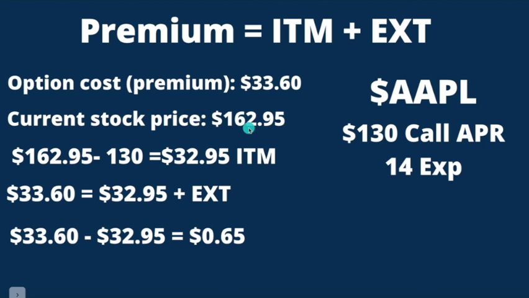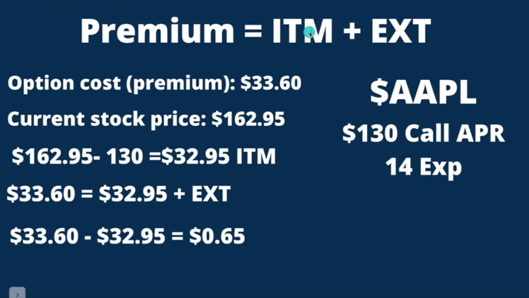The current stock price is $162.95. So we remember our formula for calculating premium: the intrinsic value, or the moneyness of the option, plus the extrinsic value is going to give us the option premium. Okay, so let's first calculate the intrinsic value, or the moneyness, so to speak.